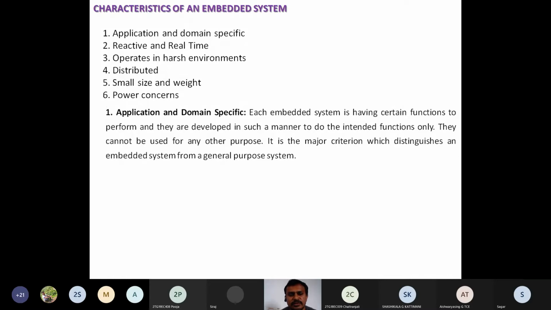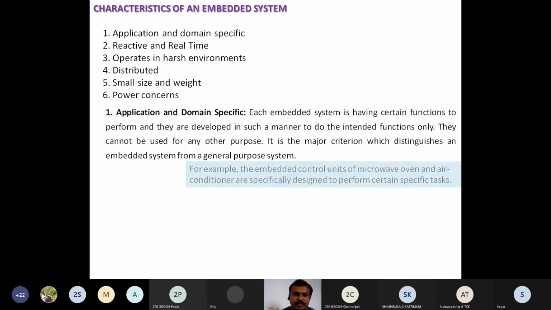As we went through the differences between embedded systems and general purpose systems, the uniqueness of an embedded system is that it is designed for a particular task. For example, the embedded control units of a microwave oven or an air conditioner are specifically designed to perform certain specific tasks.